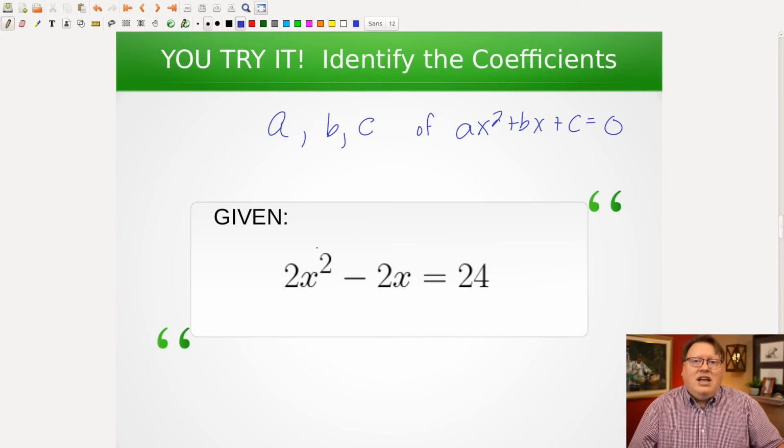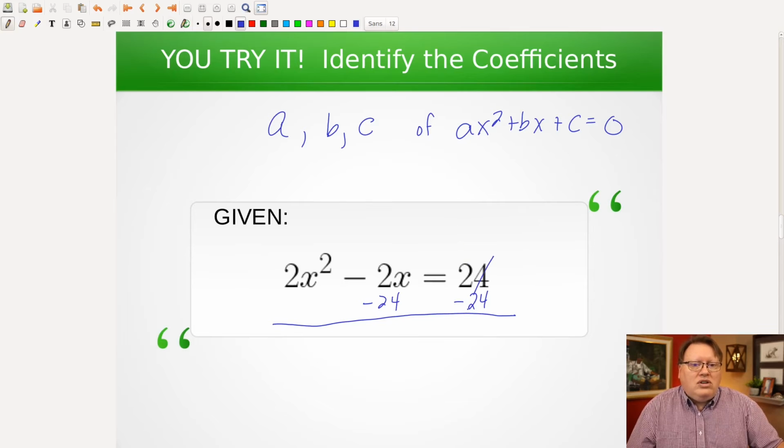All right, guys, back to the problem. You guys should have, on this problem, seen that you had a 24 on the right-hand side and that this 24 must get to the left-hand side for you to be able to apply the quadratic formula. So your first step should have been to subtract 24 from both sides.